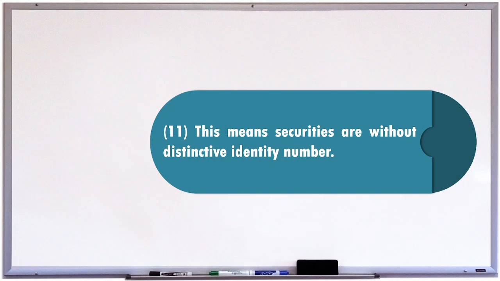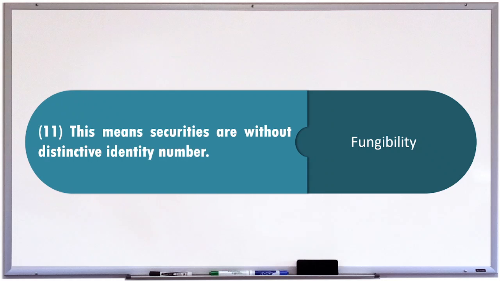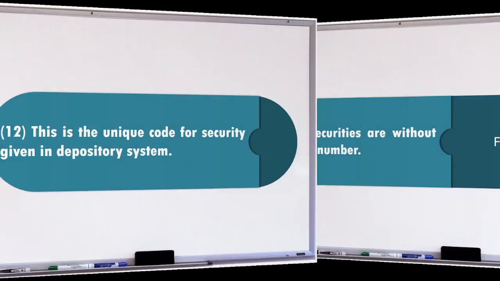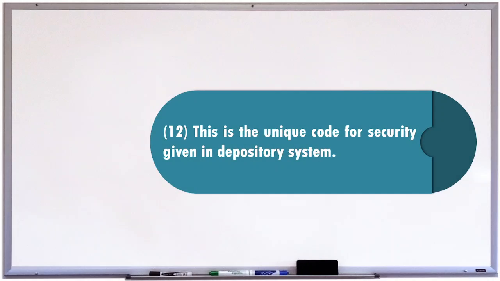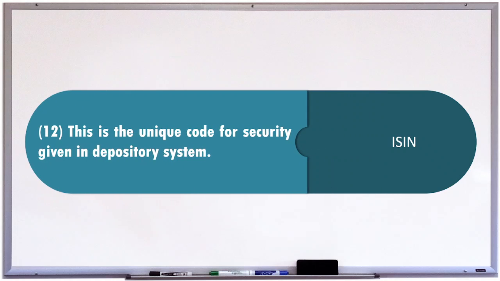This means securities are without distinctive identity number. And the answer is fungibility. 12. This is the unique code for security given in depository system. And the answer is ISIN.